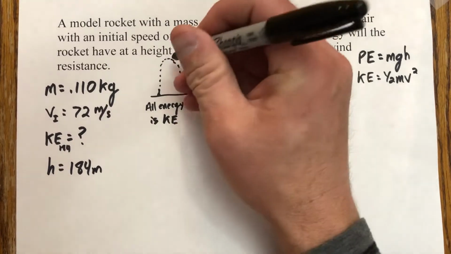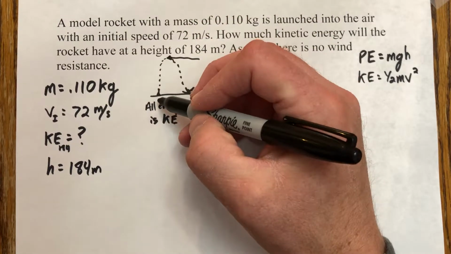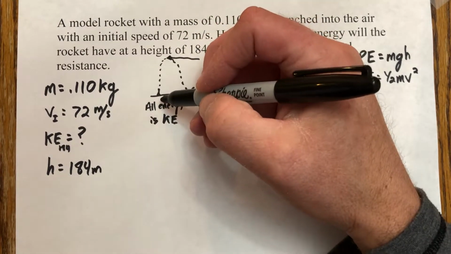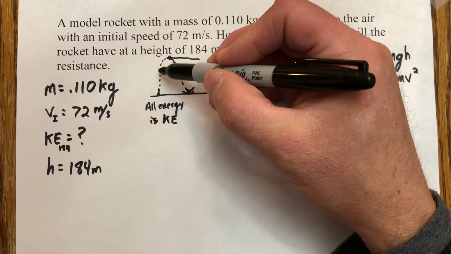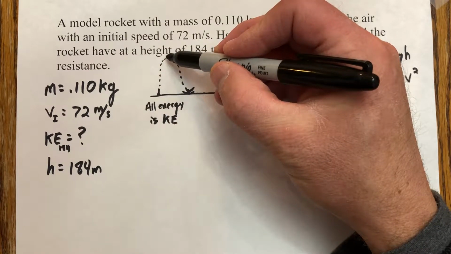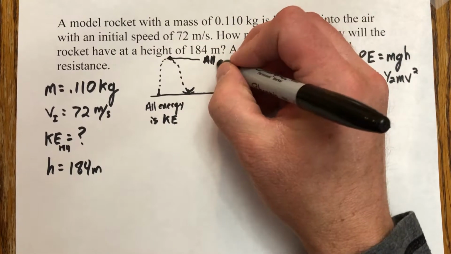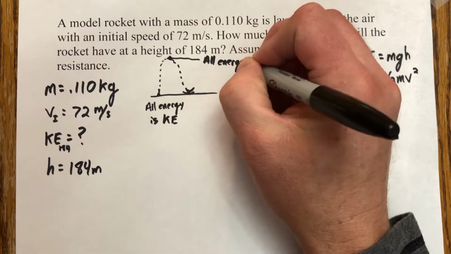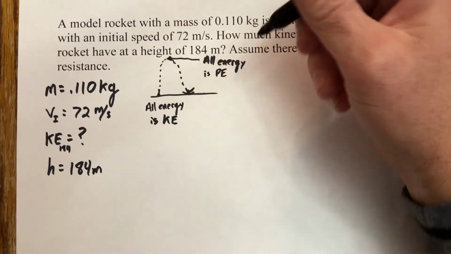Okay. At this point up here at the very top, the rocket's engine has blasted off and it exhausted all the fuel, and then it glides up to the top where it stops. And all of the energy is potential because it has the biggest potential to fall.